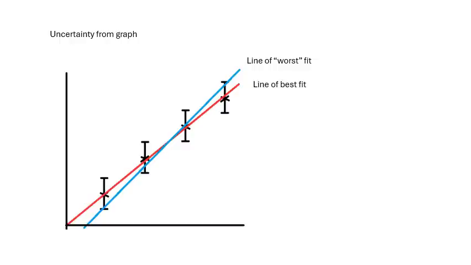Then you do a line of worst fit, and the rule is it should go through all of the error bars. Work out the value for the line of worst fit, and then the difference between them is the uncertainty in the gradient. Work out the value of whatever it is for both of them, and then you can work out the uncertainty from that, from the difference between them.